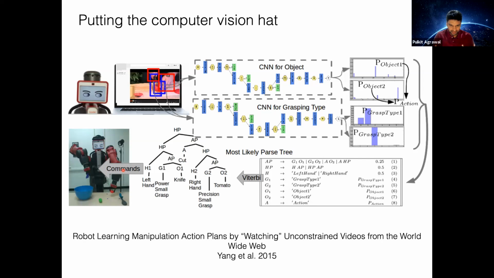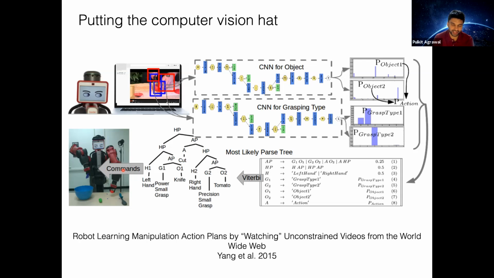These kinds of approaches have been the dominant approaches when people have attempted to look at videos, parse them, and then perform the task that is happening in the video.